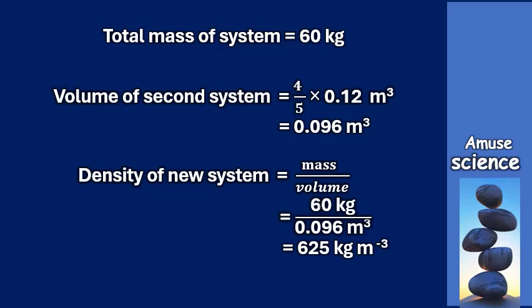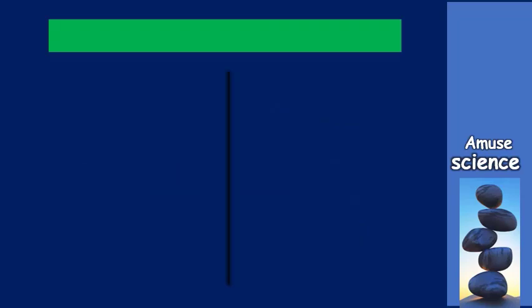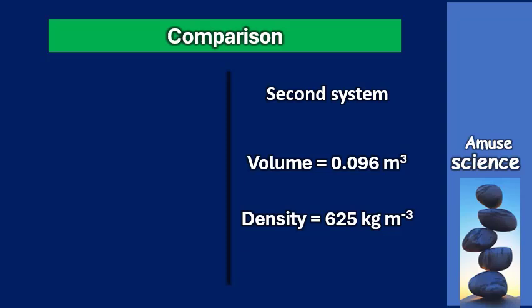Now let us compare the first system to the second system. We would realize that the volume of the second system decreased, and so there is an increase in the density.